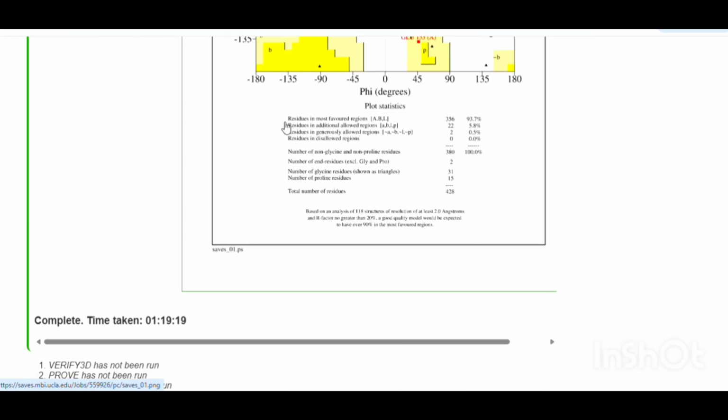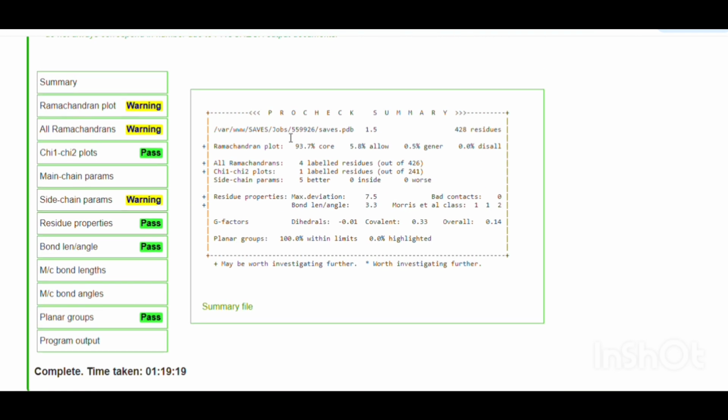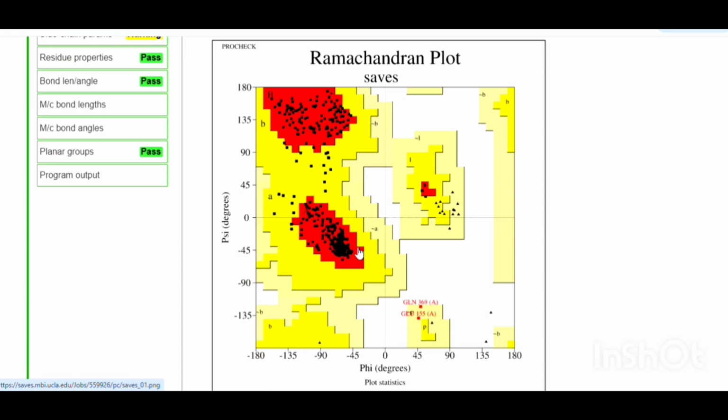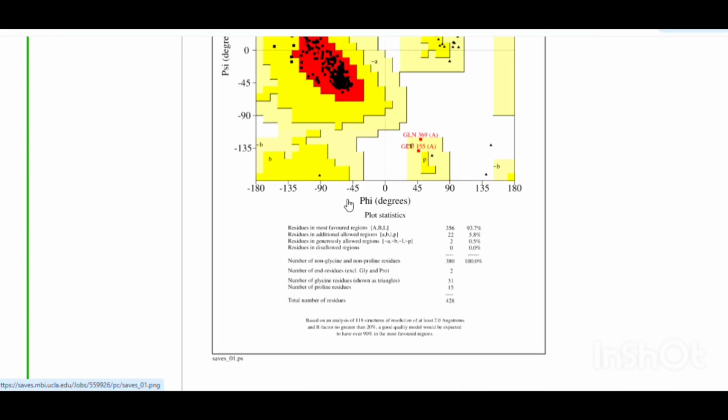From here, if you need to just see this result: residues in most favored region is 356, in additional allowed region is 22, and in the generously allowed region is 2.